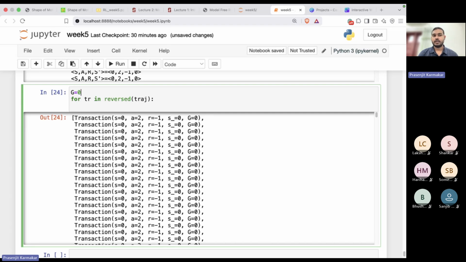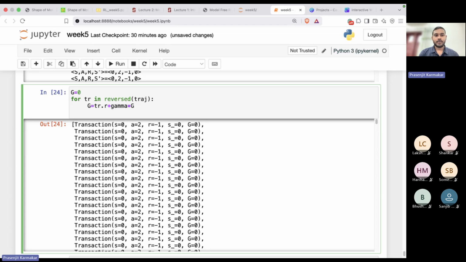G is equal to whatever the current transaction's reward is: R plus gamma times G. That's the logic. First time it will be the last reward, then the current reward plus gamma into the last reward, and so on. This is how the loop occurs.